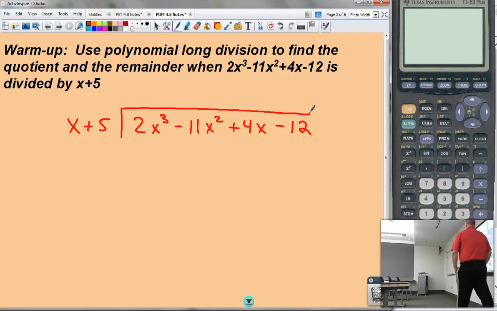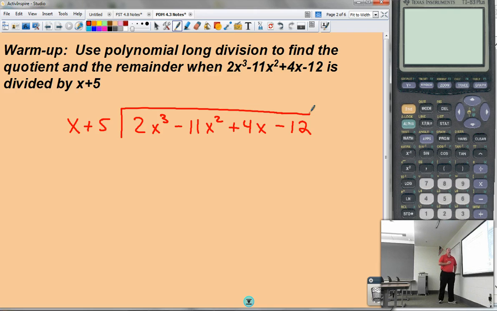Now again, the purpose of me giving you some time here is because we've already done polynomial long division. We did it a little bit yesterday and the day before. You had a small one to do on the quiz, and the quiz probably was a little bit similar to this. But our goal here is walking through, step by step, determining how the polynomial x plus 5 will go into 2x cubed minus 11x squared plus 4x minus 12.